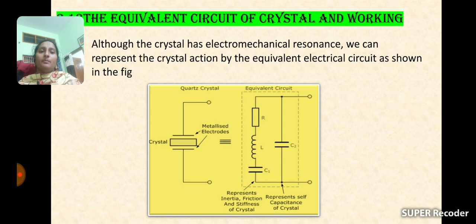If mechanical vibrations are applied across it, it is able to produce electric currents or voltages. If we apply electric voltages or currents, it produces mechanical vibrations. This phenomenon is called the piezoelectric effect. So this quartz crystal is based on the principle of the piezoelectric effect.